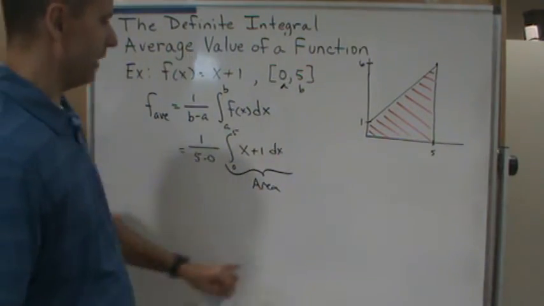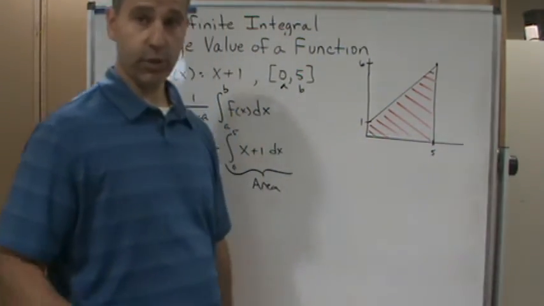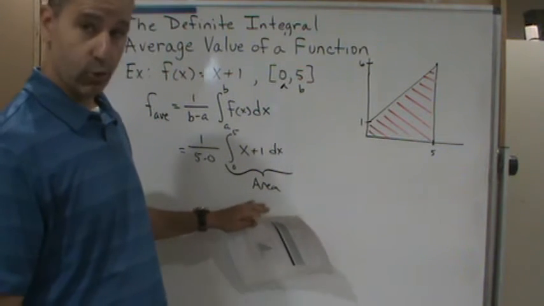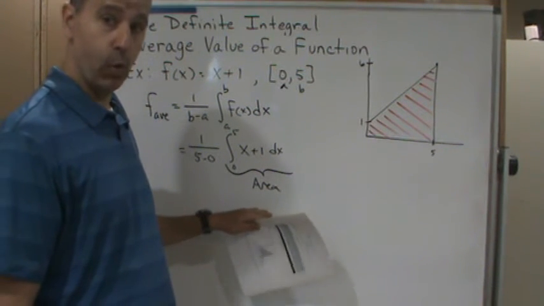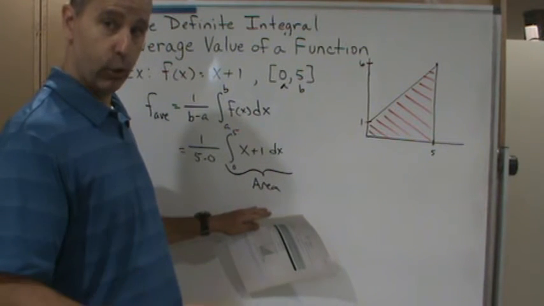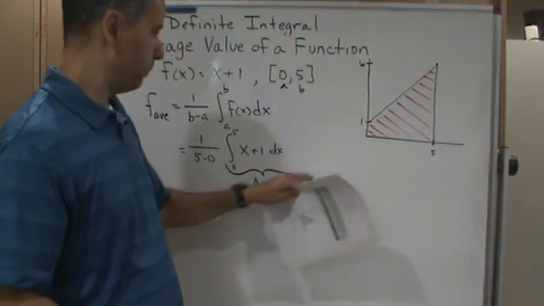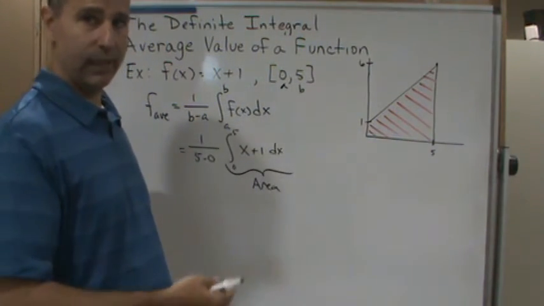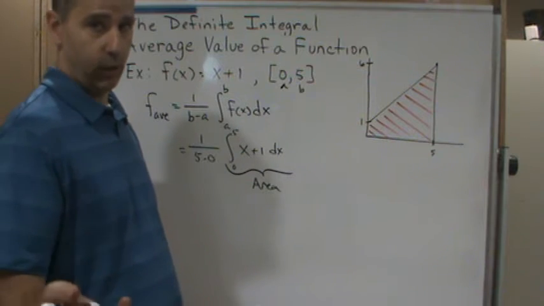Now, in this case, since it's a trapezoid, we're just going to use the formula for the trapezoid. Be aware that as we learn more and more techniques, properties, and rules for integrating functions, you won't have to know the formula, because we're going to be dealing with all sorts of curves.